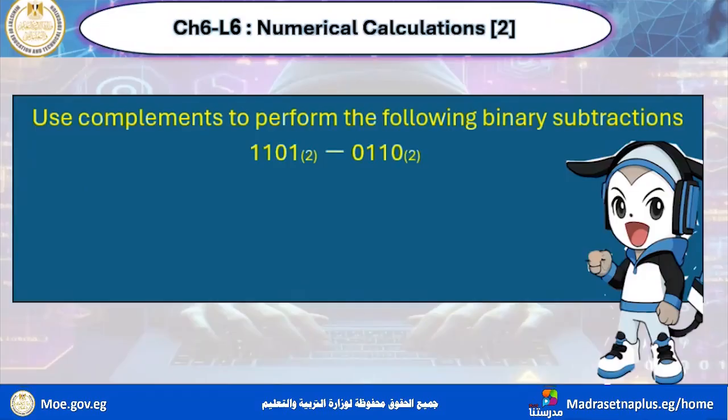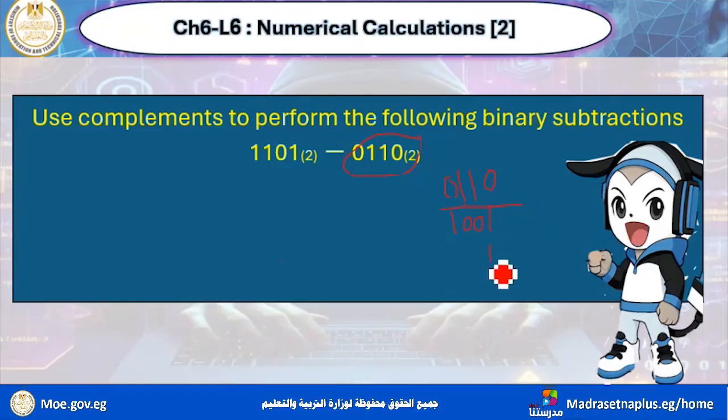Use complements to perform the following binary subtraction. Now we need to get the complement of this number. Okay, 0, 1, 1, 0. Invert each 1 to 0 and each 0 to 1. 1, 0, 0, 1.